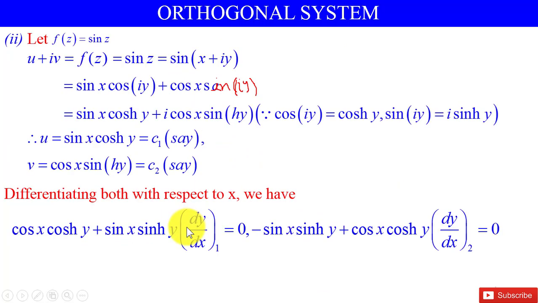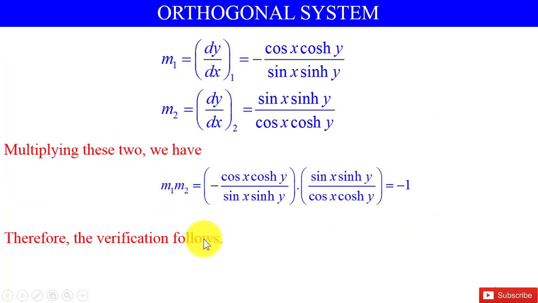Therefore, from the first equation, m1 = (dy/dx)1 = -cos x cosh y/(sin x sinh y), and from the second equation, m2 = (dy/dx)2 = sin x sinh y/(cos x cosh y).